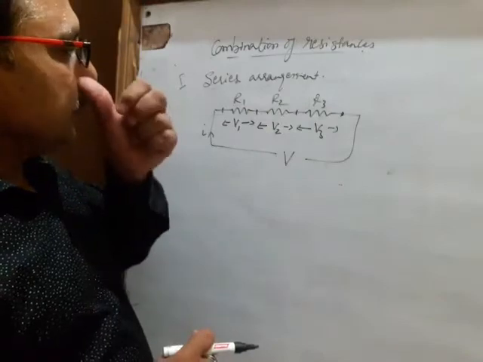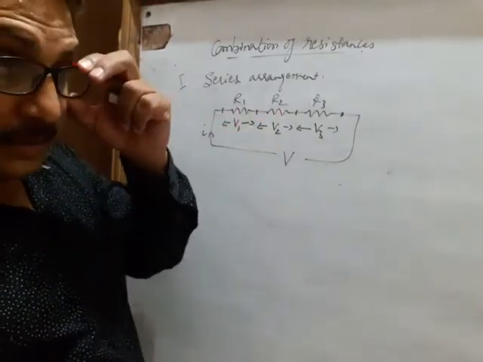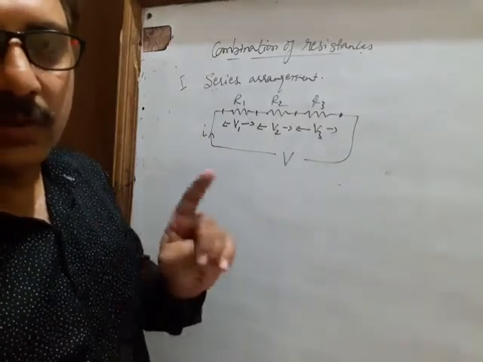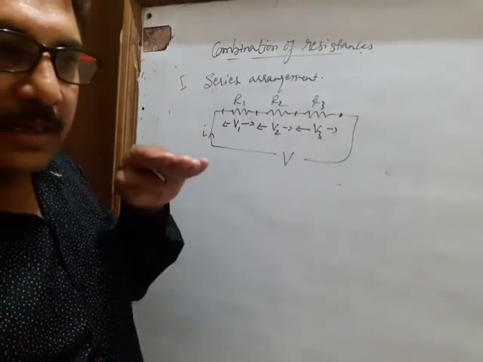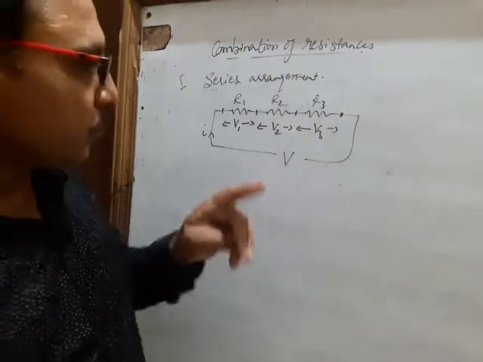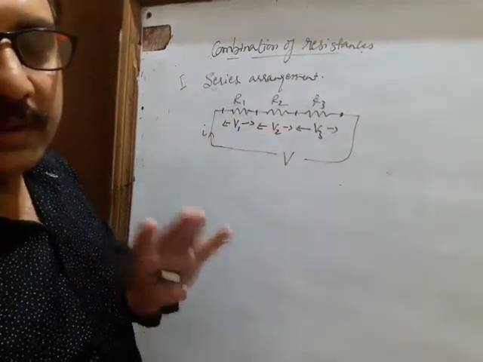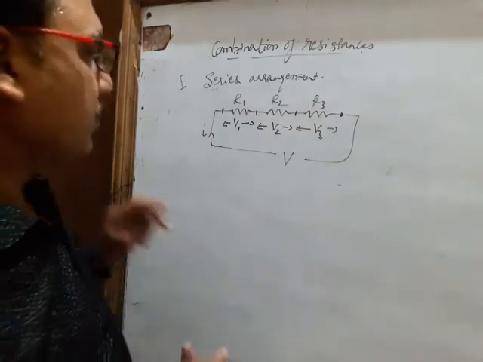The important condition is that when the resistors are connected in series, the same current will flow through each resistor. The current will not change in the resistors, but the potential difference across each resistor will be different. This is the important condition to note.